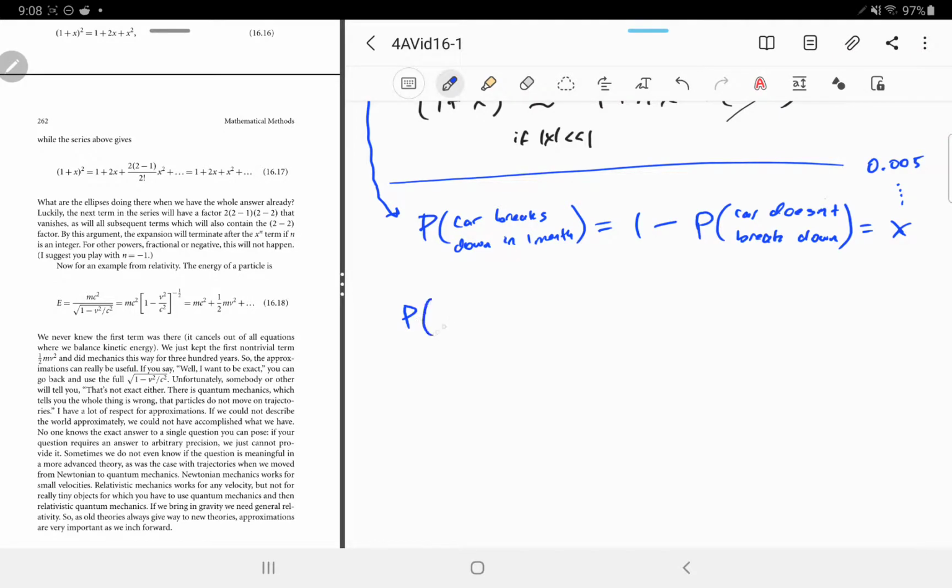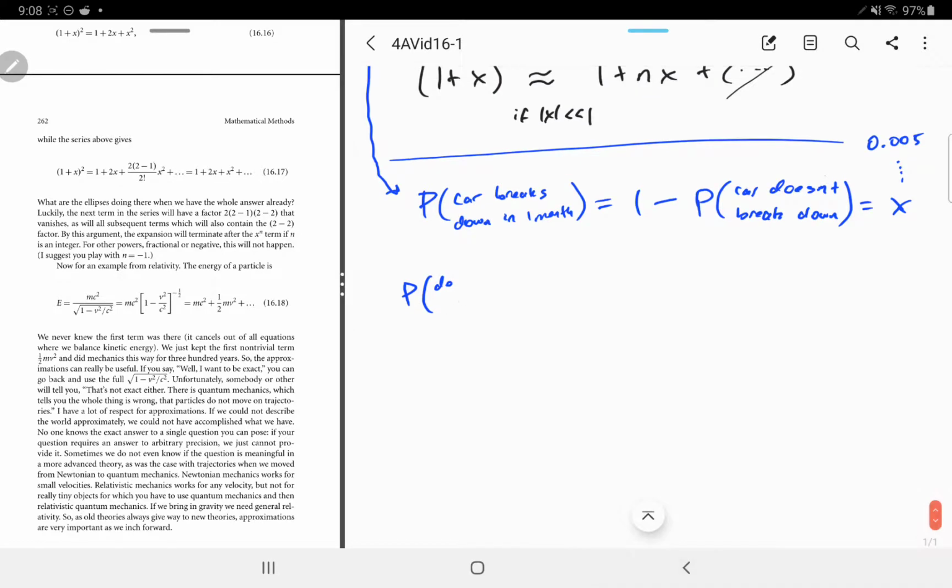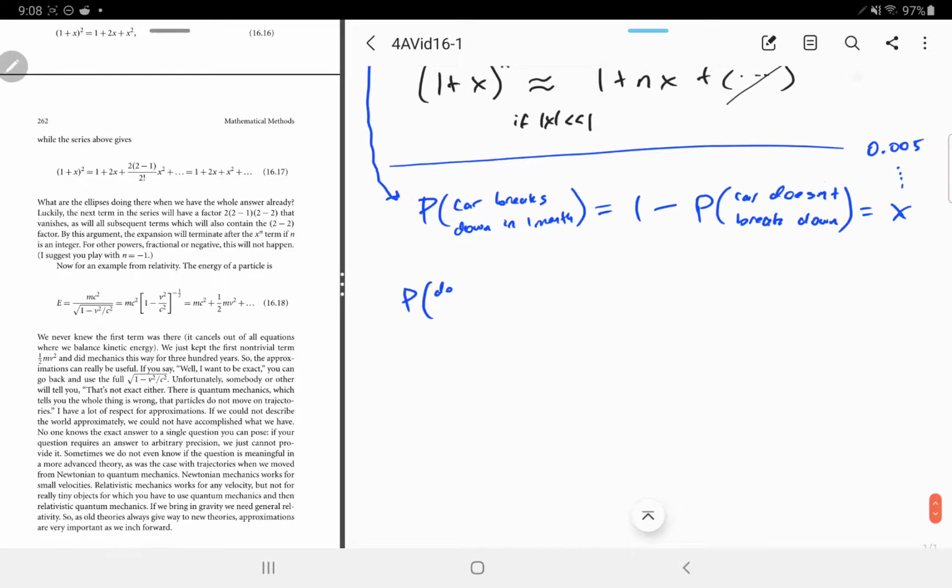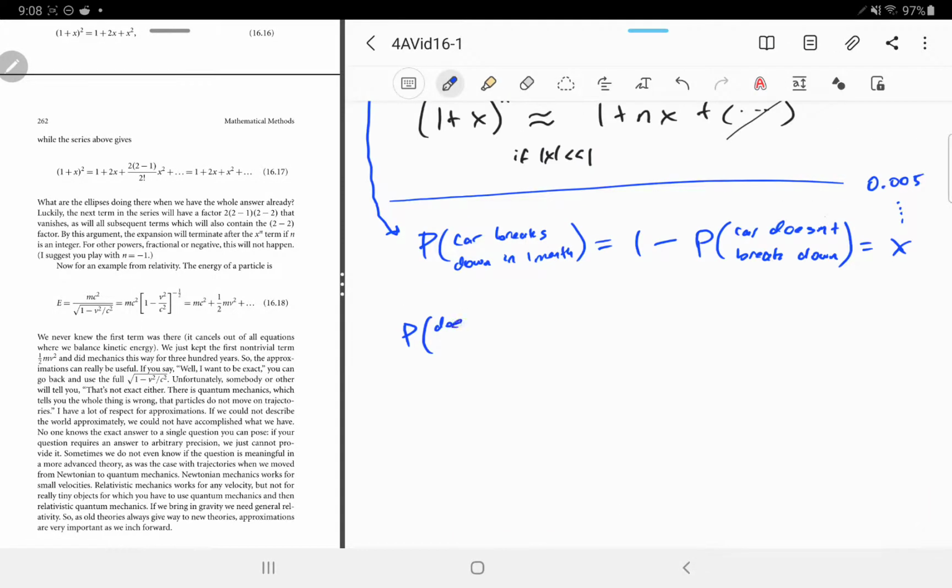So the probability that it doesn't break down in 12 months. That means a bunch of things have to happen.